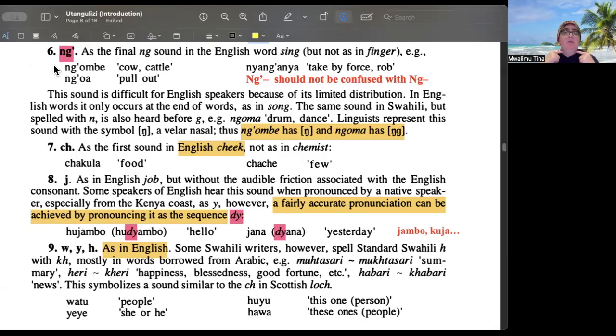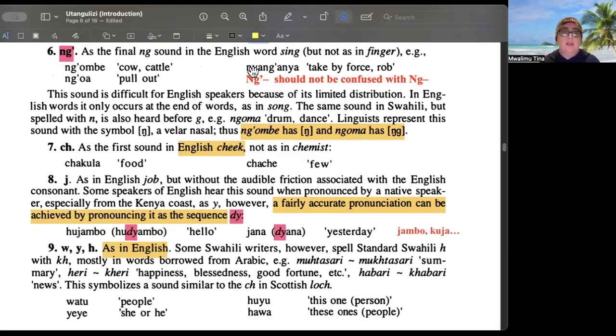For example, we have the word ngombe, ngombe, or ngoa, ngoa, or nyanganya, nyanganya.